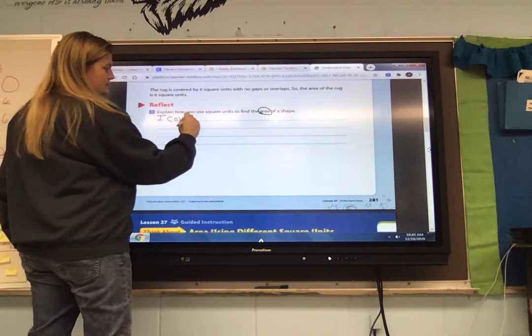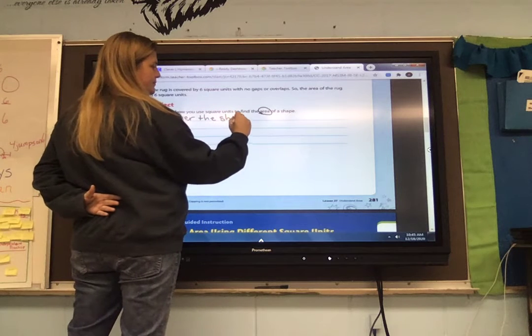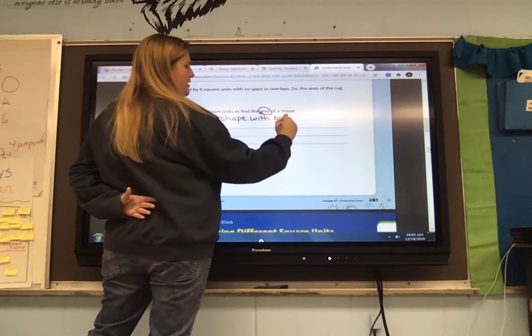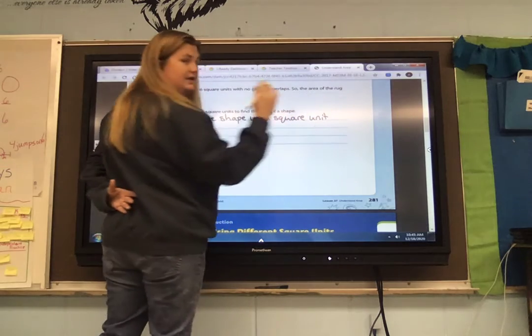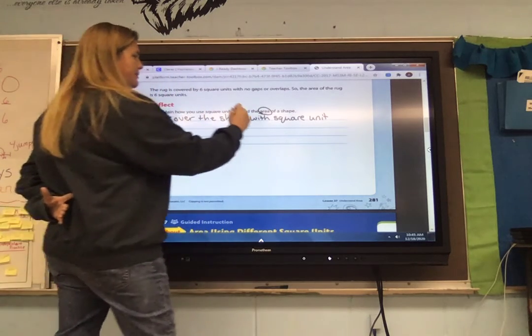I cover the shape with square units. And remember, we can't have gaps and we can't have anything crossing or overlapping.